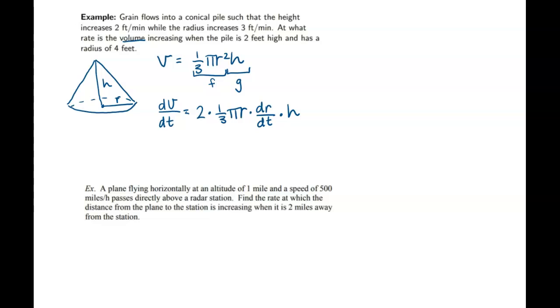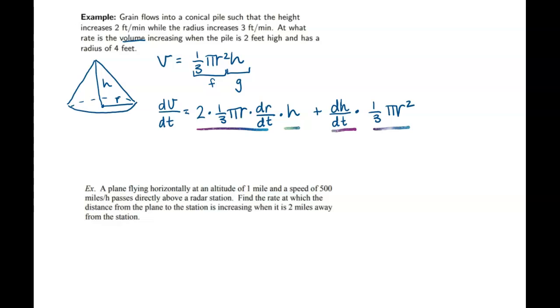So that's our f prime times our g, plus derivative of h is 1, so really just dh/dt, times 1/3 pi r squared. So we had f prime g, and this is g prime f.